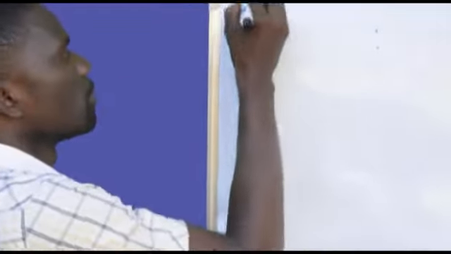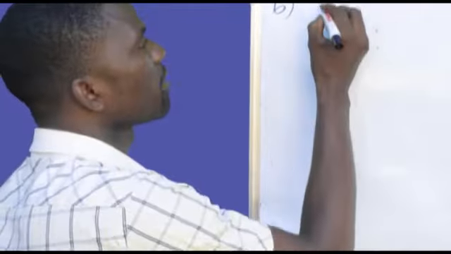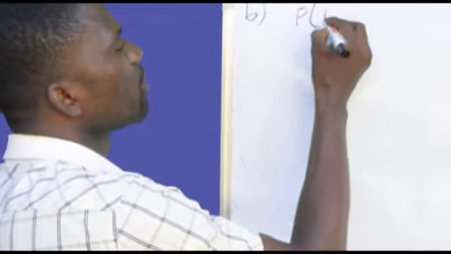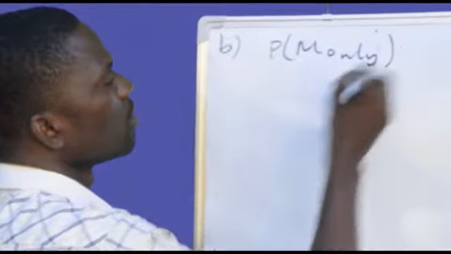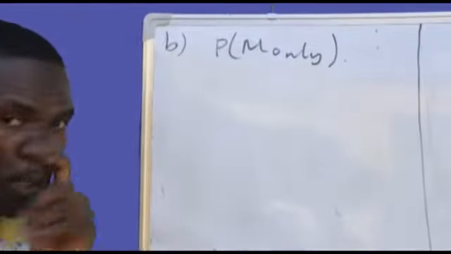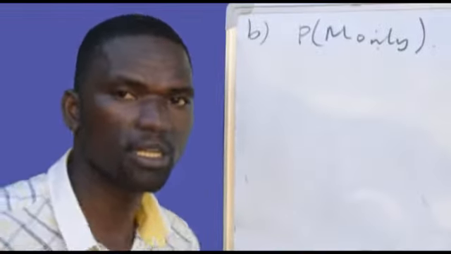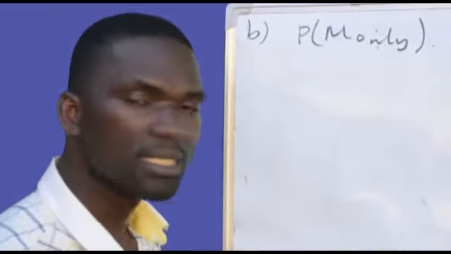Part B of the question is to find the probability of M only: the probability that a student selected at random will eat meat only.